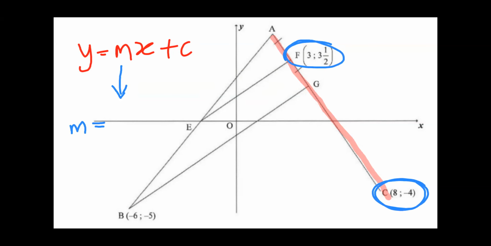Even though they say find the equation of line AC, you can use F's coordinates because F is still a point that lies on the line AC. The gradient between AC will be the same as the gradient between FC because they're all on a straight line. In fact, they didn't give us A, so we are supposed to use the coordinates of F and C.